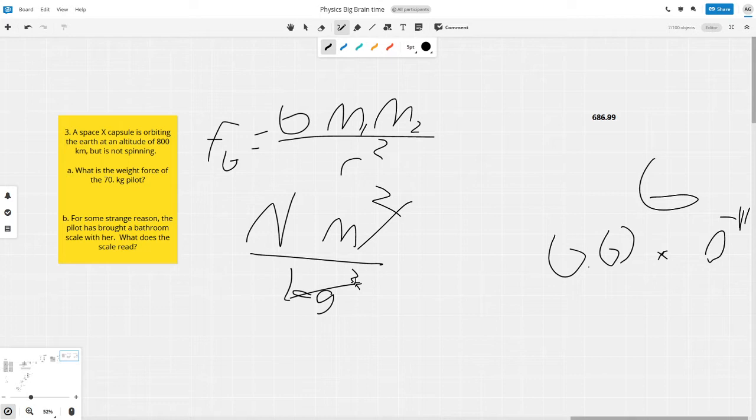And that's why for the field strength equation, it's just one mass, but you use the same constant, because that's force per kilogram. And that's like your 9.81, because 9.81 is gravitational field strength, 9.81 newtons per kilogram. So that's just a constant acceleration downwards.